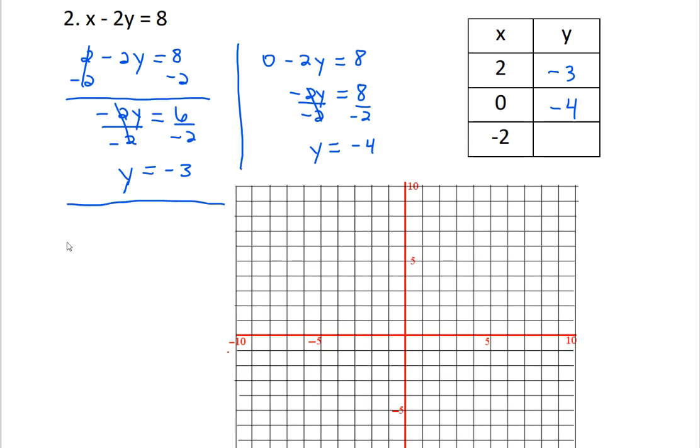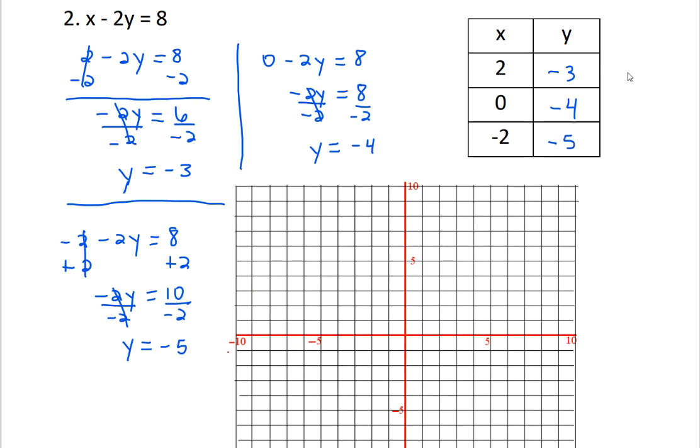And the last value that I have is -2. And to solve for y, I'm going to add 2 to both sides. And I have -2y is equal to 10. Divide by -2. So y equals -5.